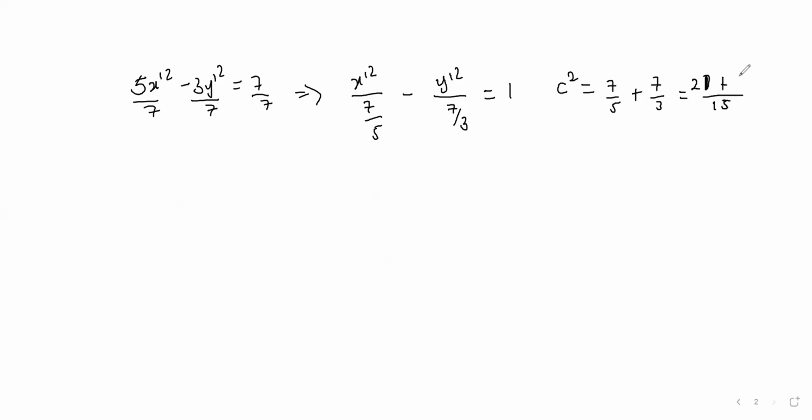Plus. We know that this one is a hyperbola or ellipse. Okay, hyperbola, yes. How do we know? On the c squared we're adding. How do we know that it's a hyperbola? What makes us tell that this is a hyperbola, not an ellipse?